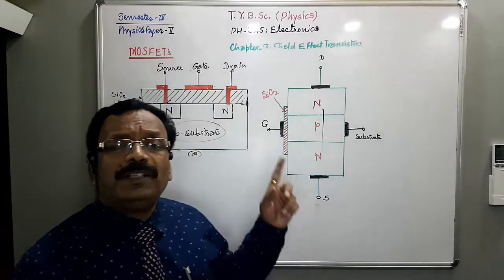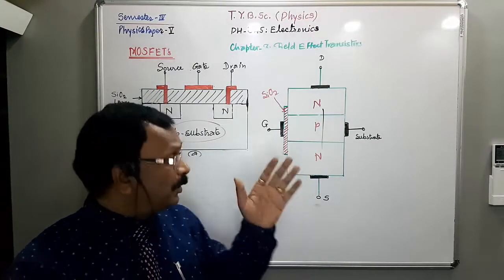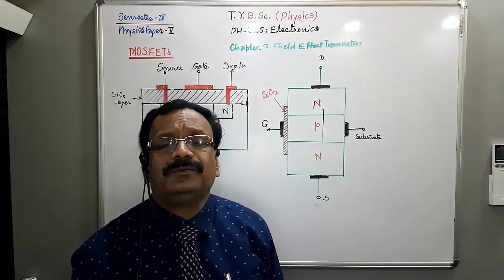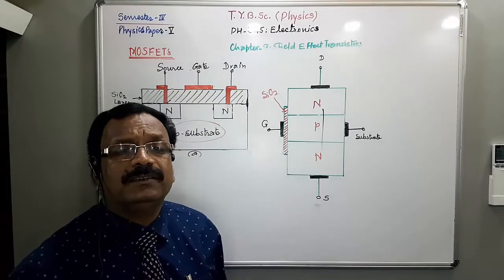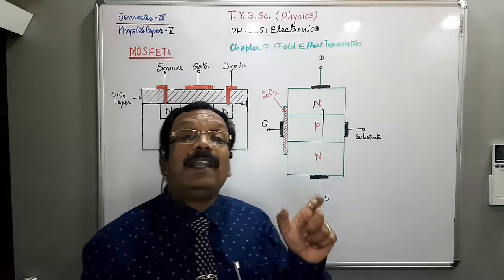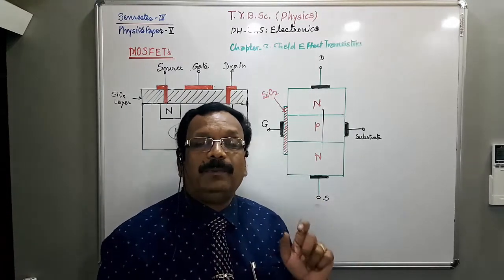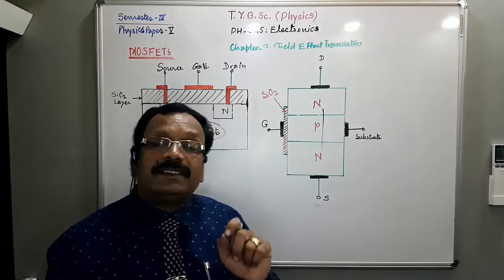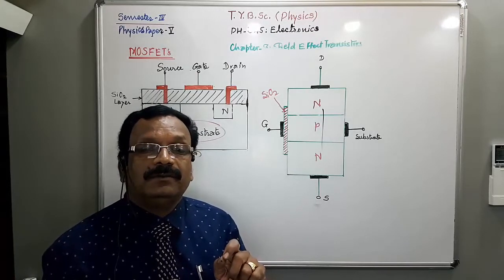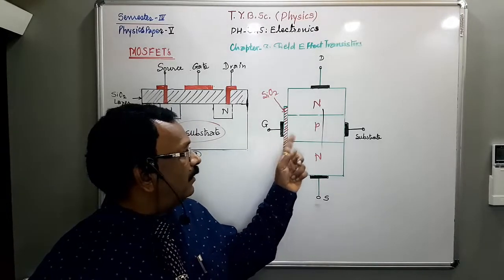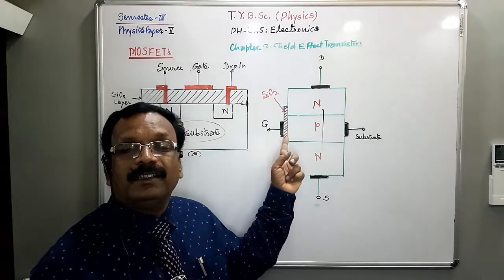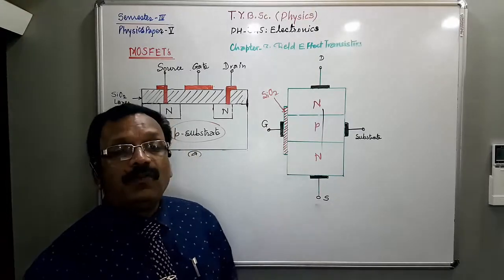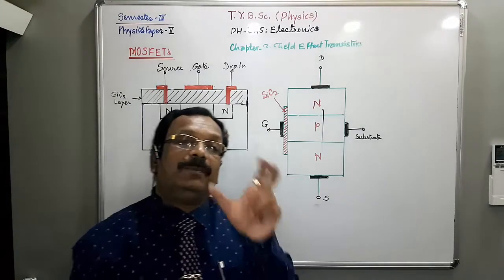The working principle of this MOSFET can be explained easily if we visualize the entire structure of this MOSFET as a parallel plate capacitor. The semiconductor channel, the insulating gate and the metal layer of the gate form a parallel plate capacitor.